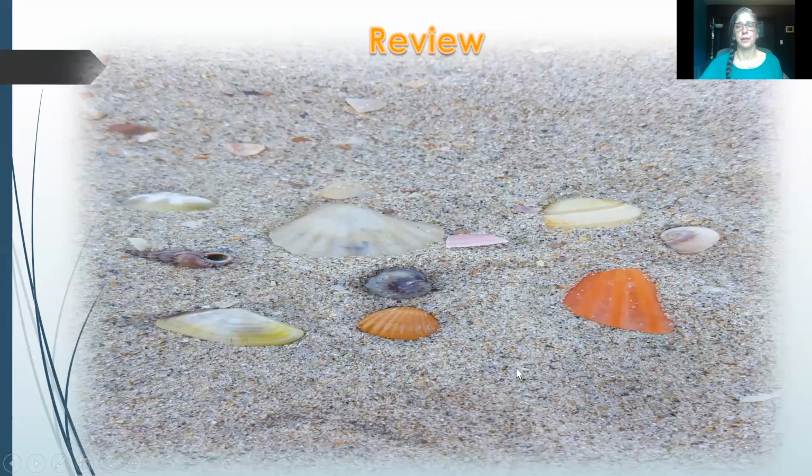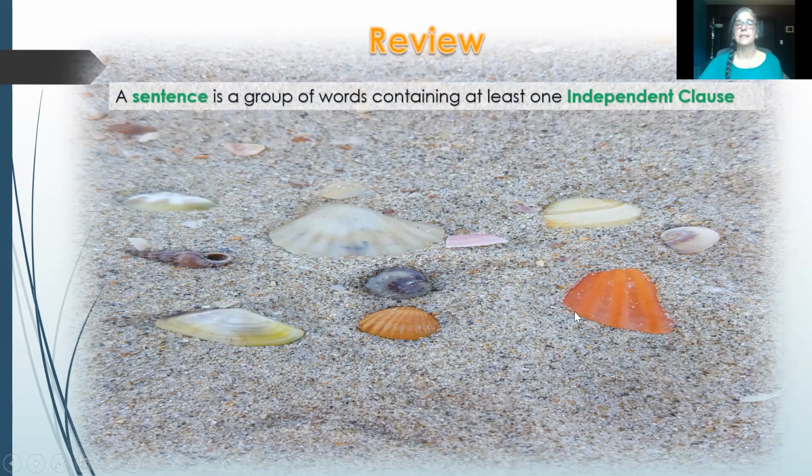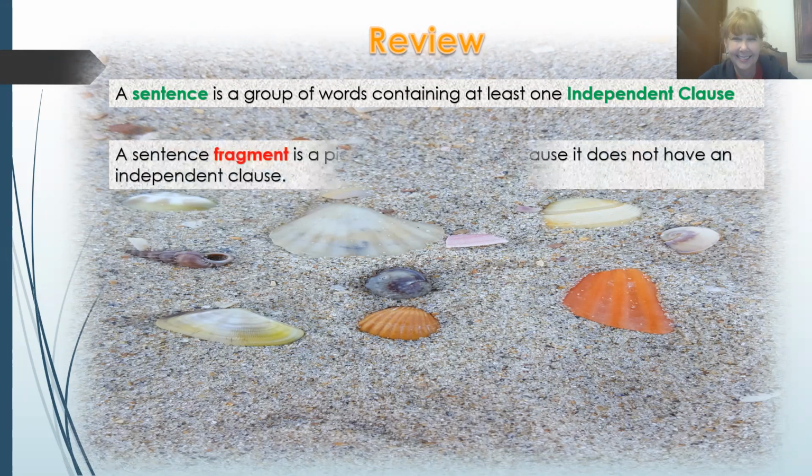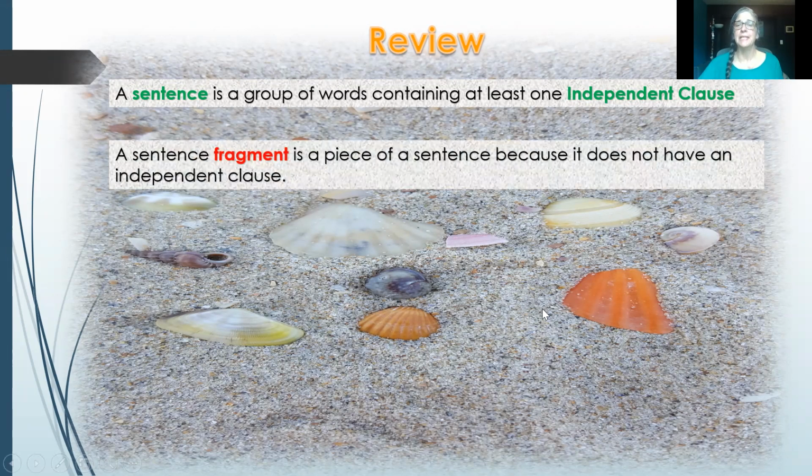All right, let's do a quick review. A sentence is a group of words containing an independent clause. There you go. A sentence fragment is a piece of a sentence because it has no independent clause. Yeah.